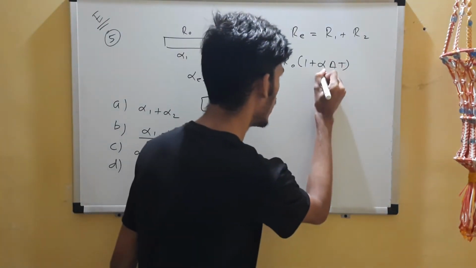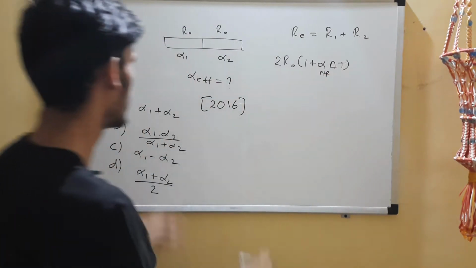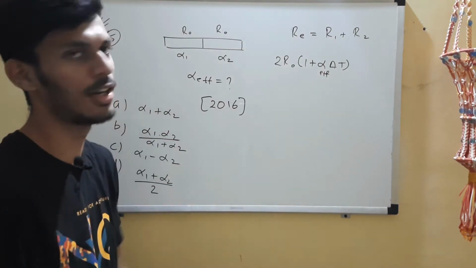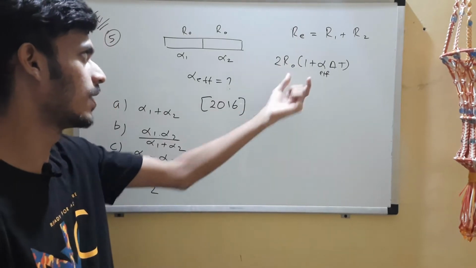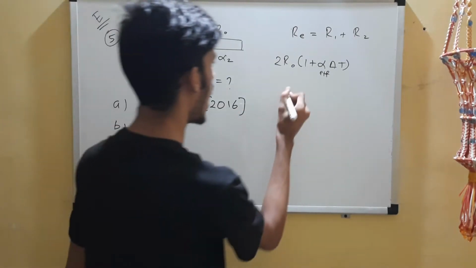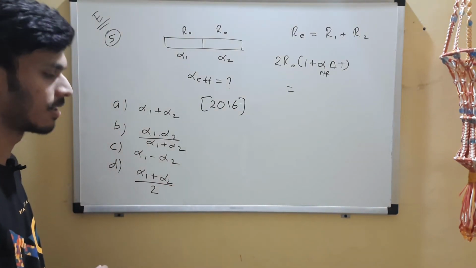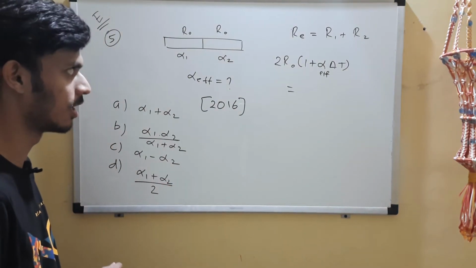So this alpha is effective. Okay, we are considering this system. So 2R0, 1 plus alpha into delta T, in place of that R equivalent. Now R1 we will individually write as a temperature dependent equation.